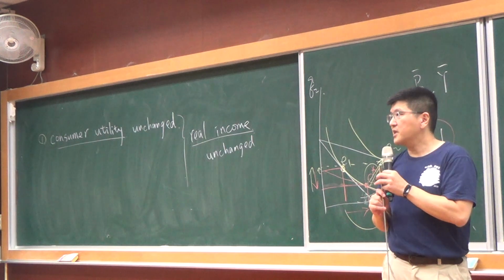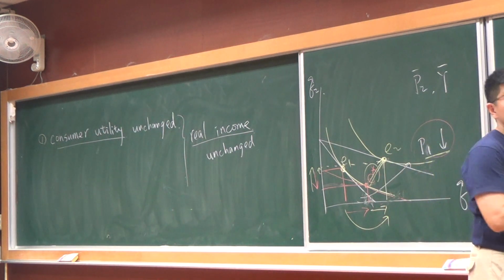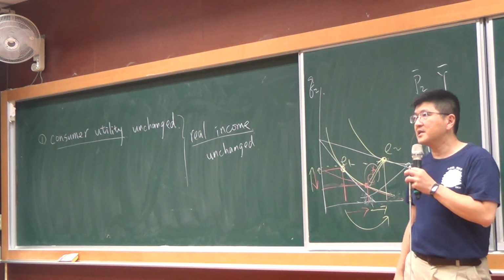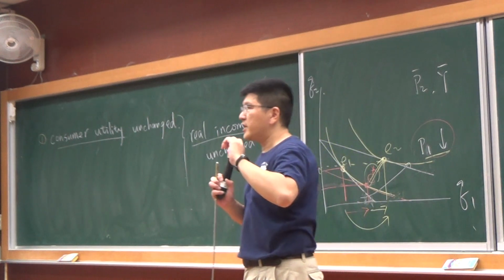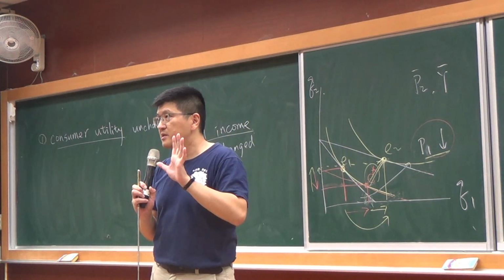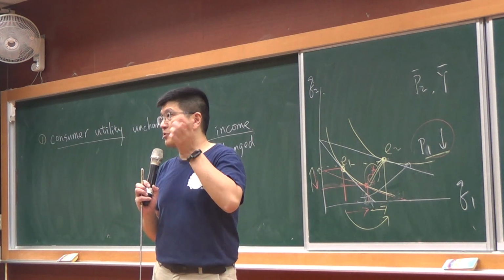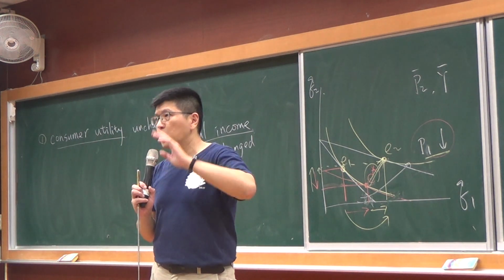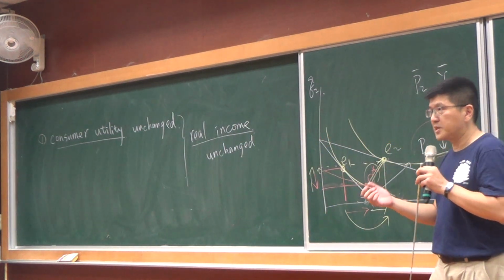The reason is because the price is cheaper here, but the price is higher here, right? And a higher price not only changes the relative prices, but also your real income. With a higher price, your real income must be lower. With a lower price, your real income must be higher.